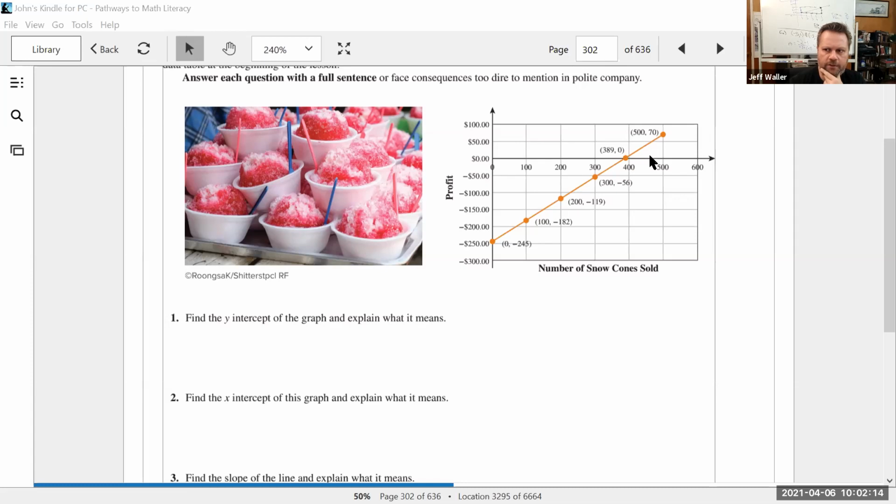Now how many snow cones do I need to sell? About 475. If I sell 400 cones, I break even. If I sell 500 cones, I make 70 bucks. So somewhere between 400 and 500, it looks to be about maybe 475, I'll make 50 bucks.